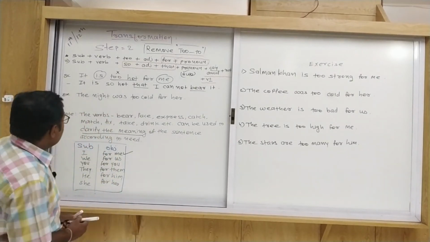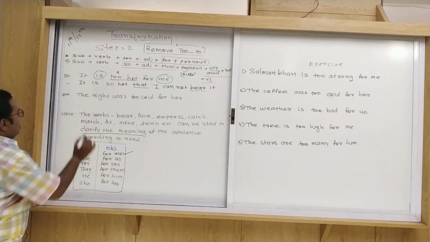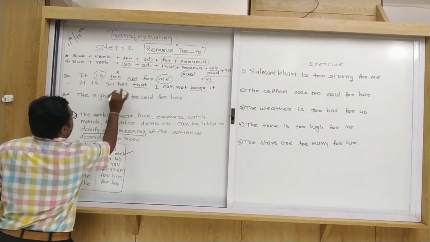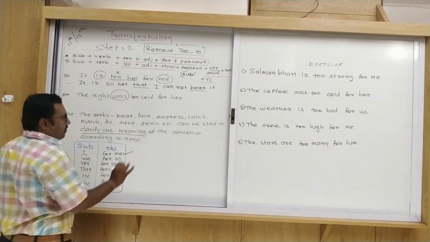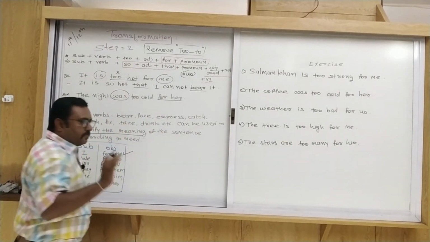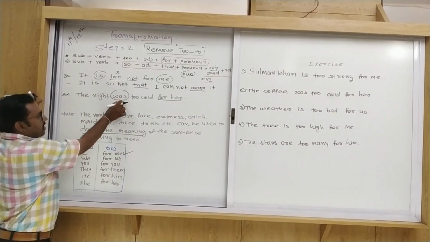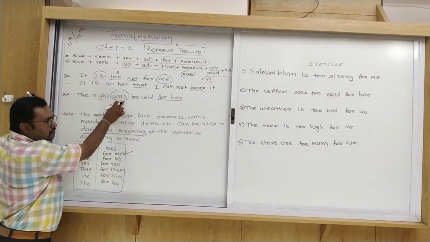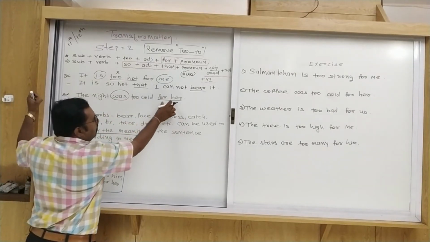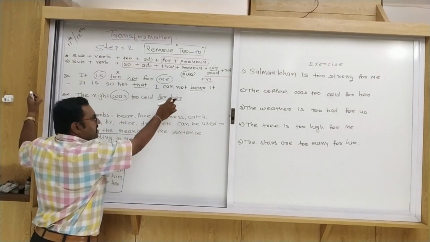Okay. Now, the second sentence: the night was too cold for her. So, first thing, simple past tense is used here. And what is the pronoun? Her. So, what is the subject of her?